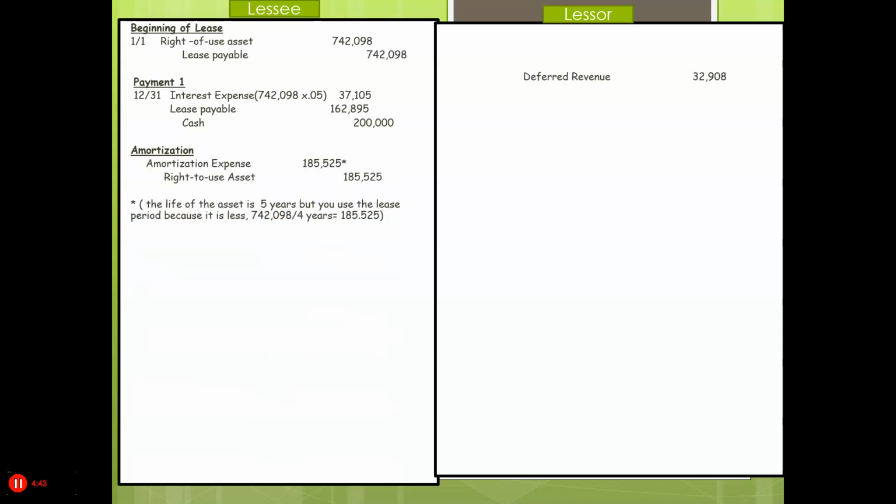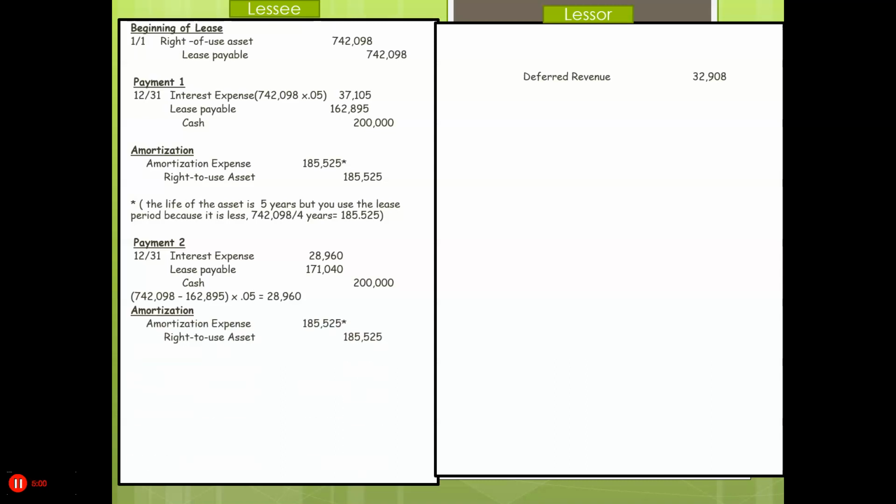And we would amortize the right of use, which would be the $742,098 at the end of the year divided by 4. Second payment. Now, if you notice, the interest has gone down, more goes toward the lease payable, and we amortize. And here would be our third payment.